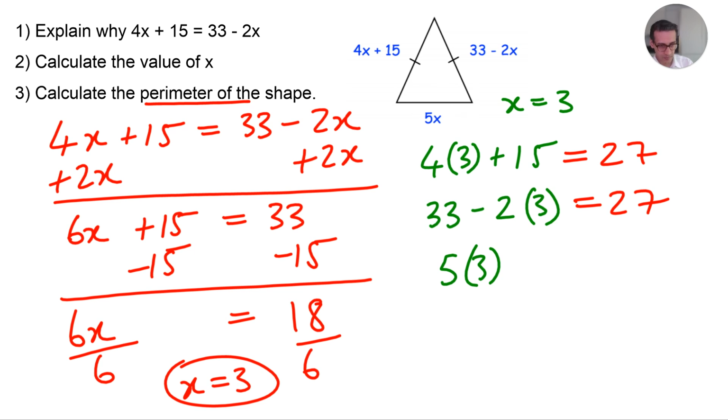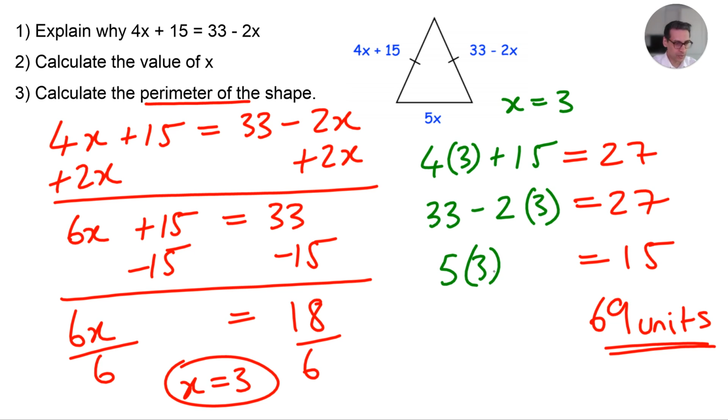And then you've got 5 times 3 is 15. So we're going to add these all up. 27 plus 27 plus 15 is going to give you 69. Now there's no units given, so you just write the word units. Usually it might be, for example, centimeters or something like that. So 69 units is the perimeter of the shape.